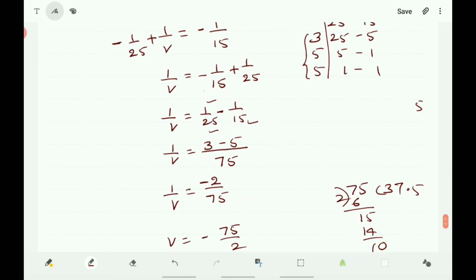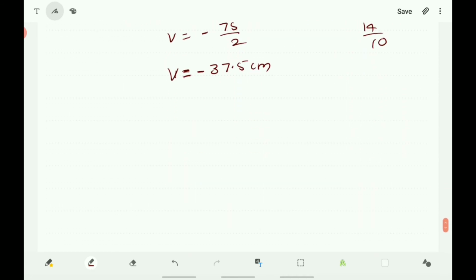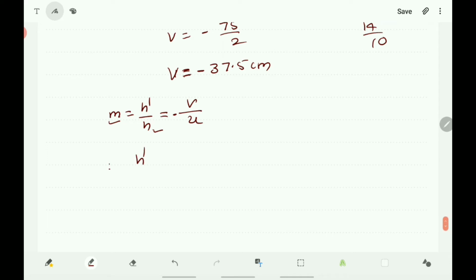Next, size of the image. To get the size of the image, m is equals to h dash by h. Here only h is known, you don't know m, therefore you write the relation minus v by u. So h dash by h is equals to minus v by u.